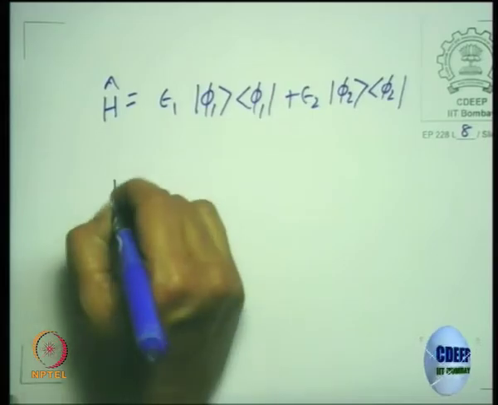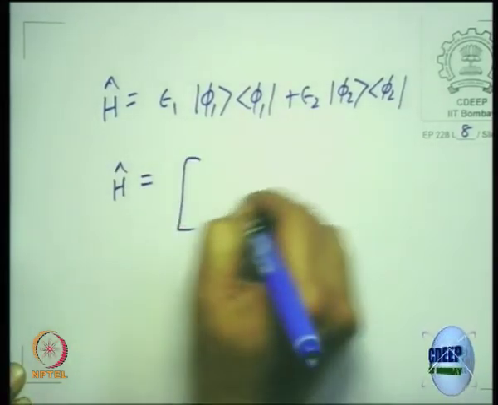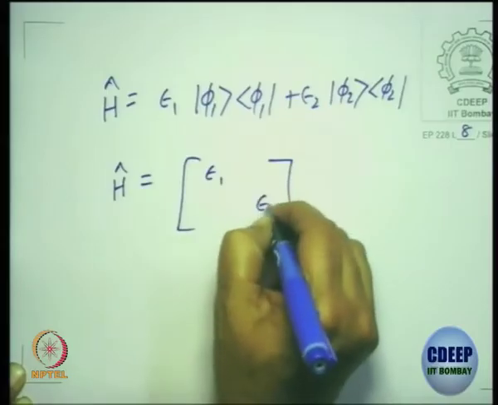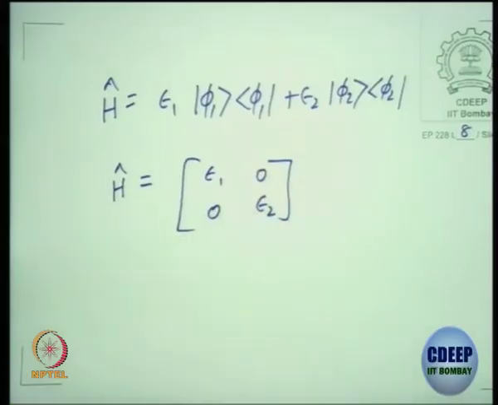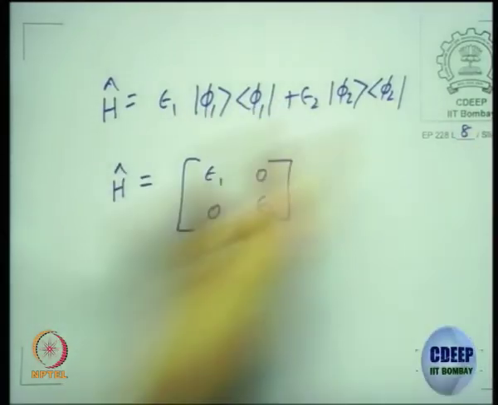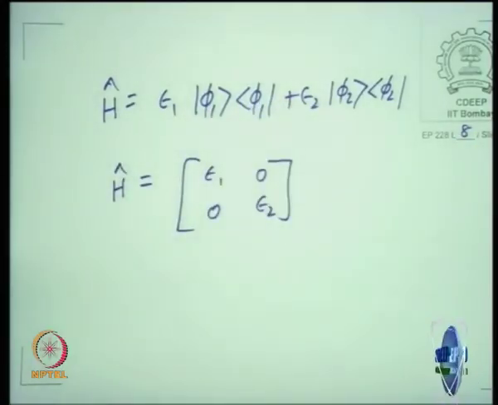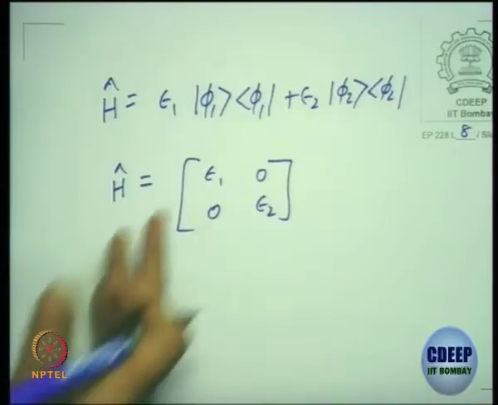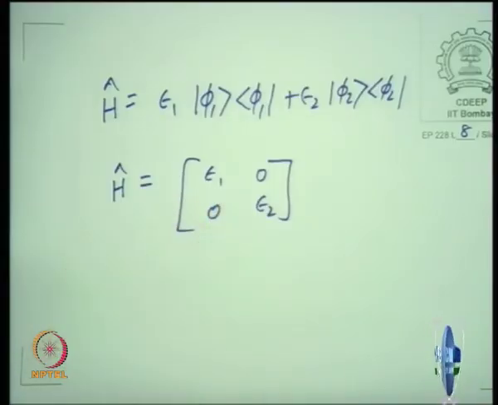So, the matrix representation for this can be written as a diagonal matrix with the off diagonal terms being 0. So, you need to be able to read, given any operator in this notation, what it actually means as a matrix representation. You should be able to read from there whether it is diagonal or off diagonal. But once you put it in this notation, finding the eigenvalues and eigenvectors, you have already done in your math course, right?